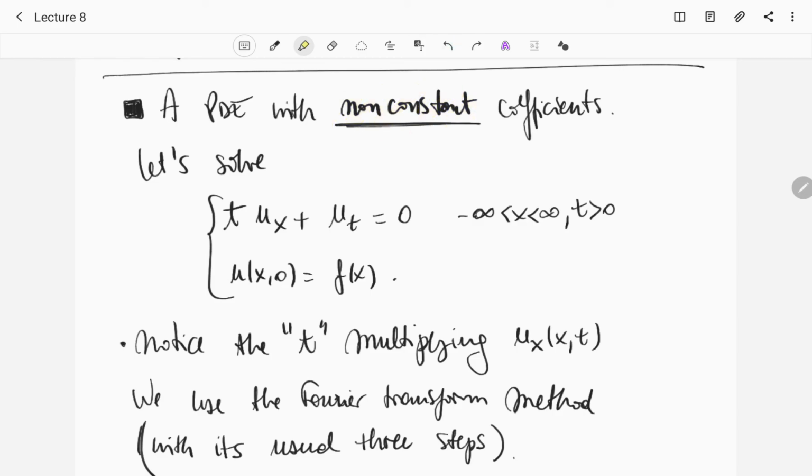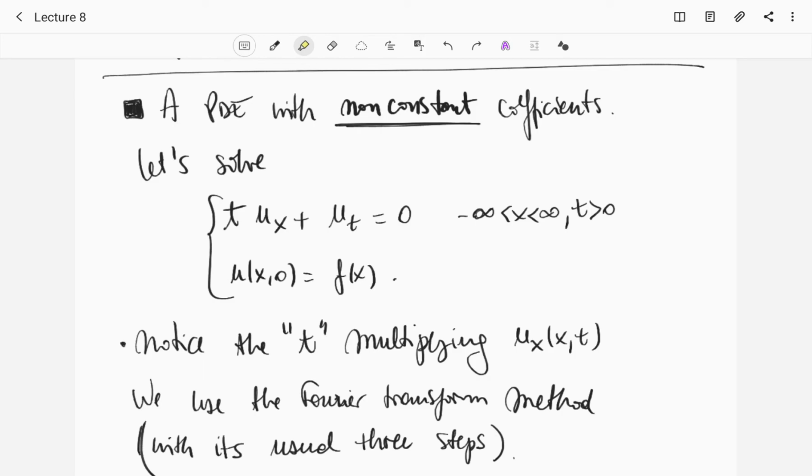So for instance, just as an example, this is a partial differential equation because we have these two derivatives here and a function u depending on x and t. But instead of numbers in the front multiplying these derivatives, we have, okay, here we have a 1, so it's a number, but here we have a t, which is a variable. So this example is different from the two that we saw before. Let's see what we can do.